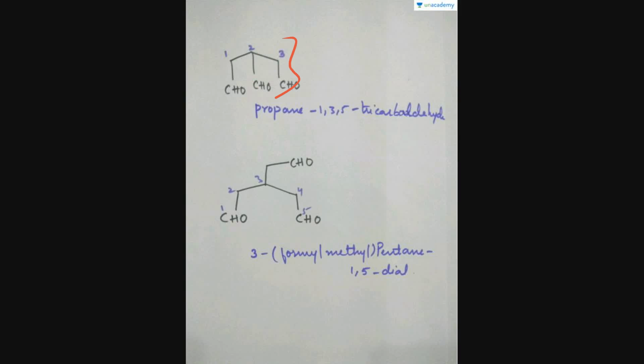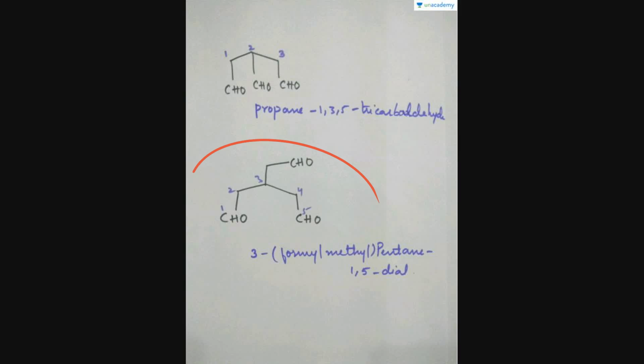I have written it here as 1, 3, 5. This is wrong. It is 1, 2, 3 tricarbaldehyde. We have 3 carbons, so it is propane, and 1, 2, 3 tricarbaldehyde. We have 3 aldehyde groups, so it is tricarbaldehyde.